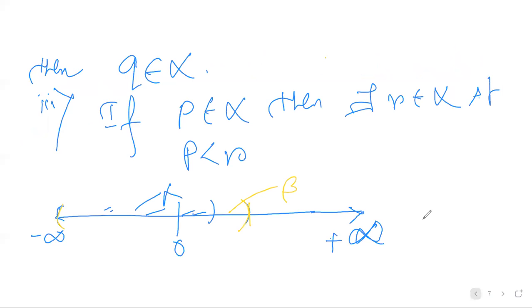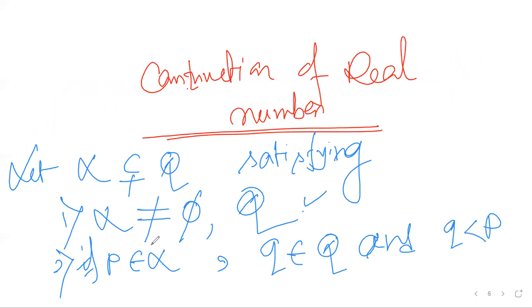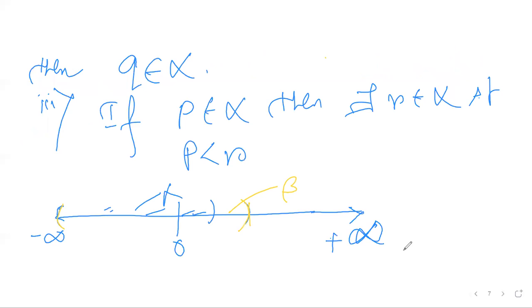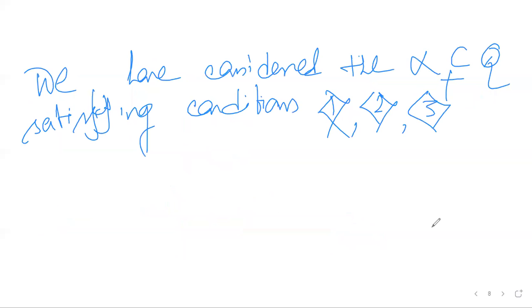This is the first condition, the second condition, and the third condition is that. The picture is like that. So if alpha is a subset of Q which satisfies these three conditions, alpha is said to be a cut.